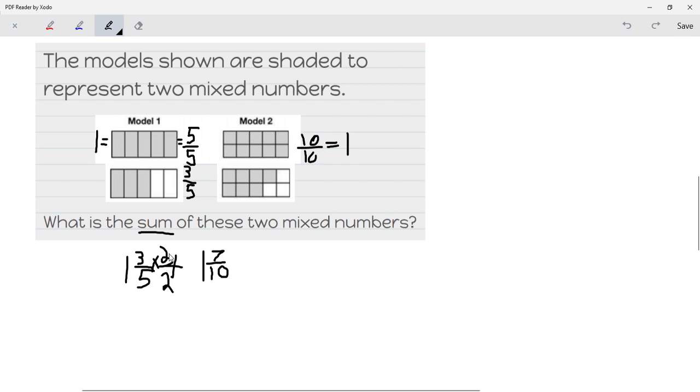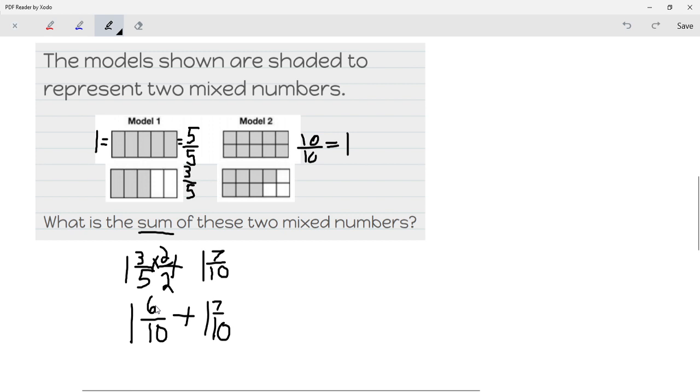And when you multiply by 1, it gives you the same number, right? So 3 times 2 equals 6. 5 times 2 equals 10. So now we have 1 and 6 tenths plus 1 and 7 tenths.